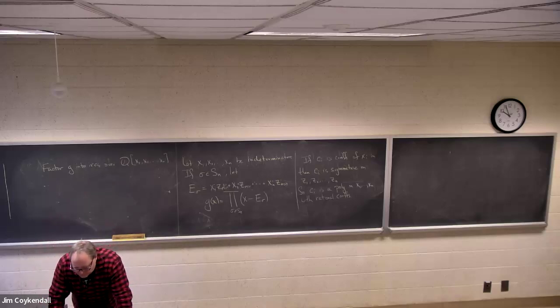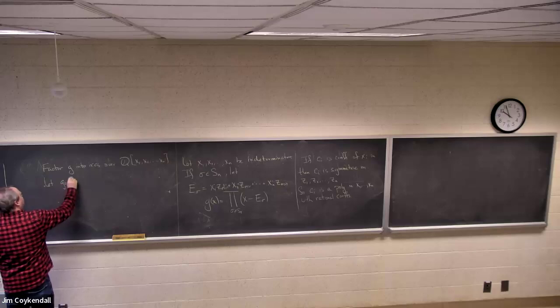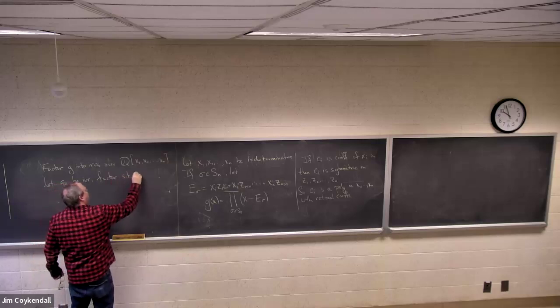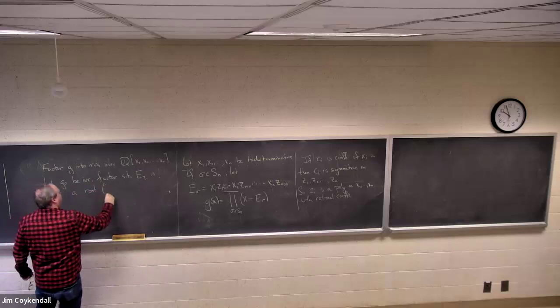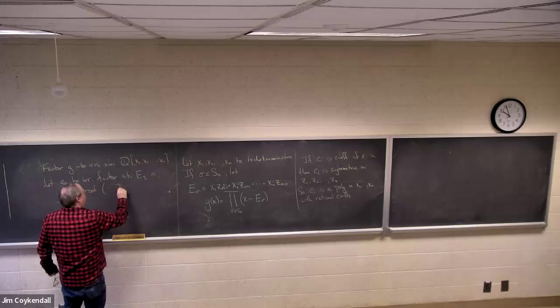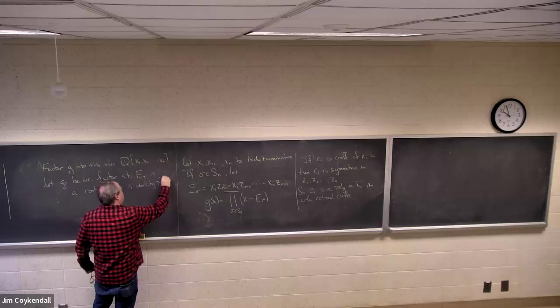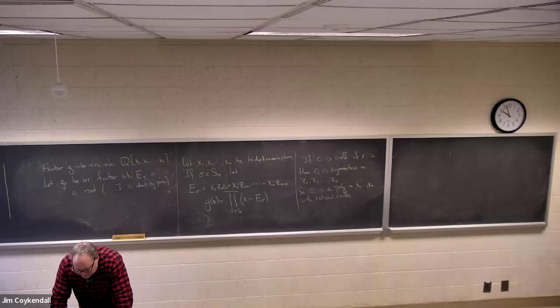These irreducible factors will be unique because it's a unique factorization domain. And let G be the irreducible factor such that E identity is a root. Well, identity is, of course, one of the permutations, and it's got to be a root of one of these factors. Find that one.